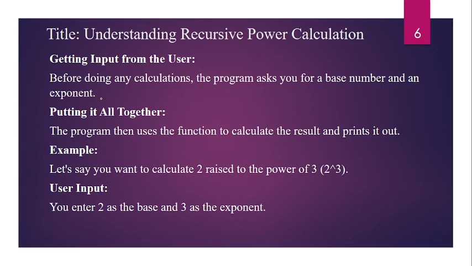Second, before doing any further calculation, the program asks you for a base number and an exponent. So this is the input from the user. Once you give this input, it will go for a recursive calculation, checking one after the other.